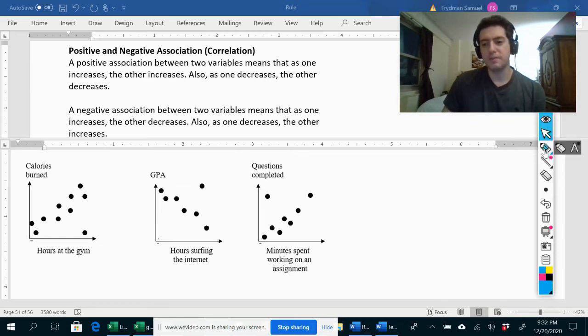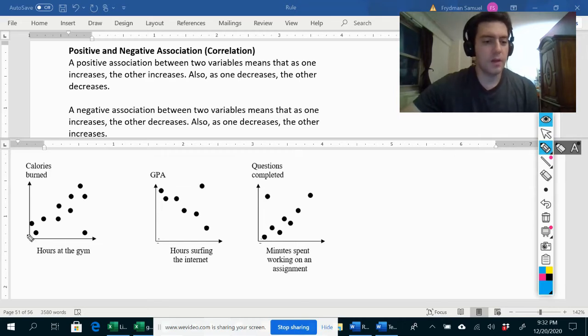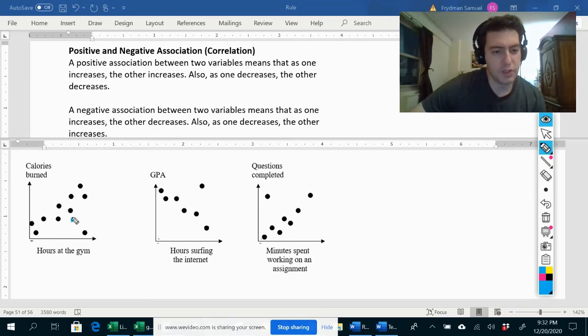So over here, generally speaking, except for this outlier guy over here, the more time a person spends at the gym, the more calories they burn, generally speaking. For example, this person over here spent a little bit more time at the gym than this person over here, but this person burned actually less calories than this person.